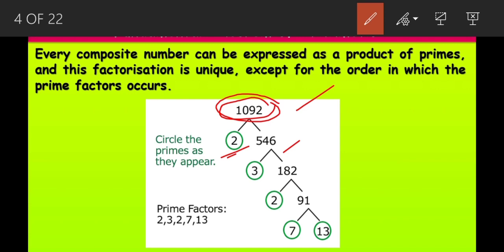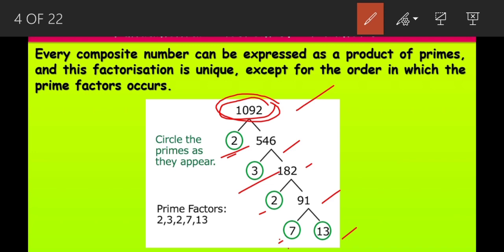2 into 546 we can write. Again 546, 3 into 182. Again 182, 2 into 91. Again 91, 7 into 13. By the prime factorization method, which we learnt in our earlier classes.